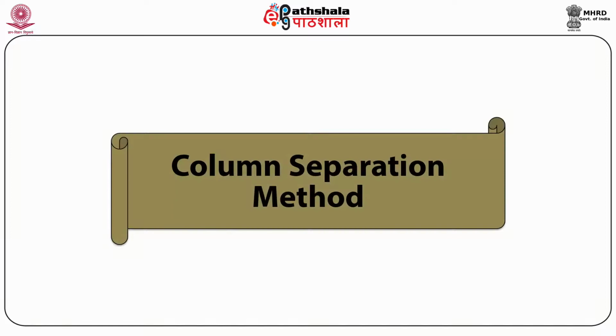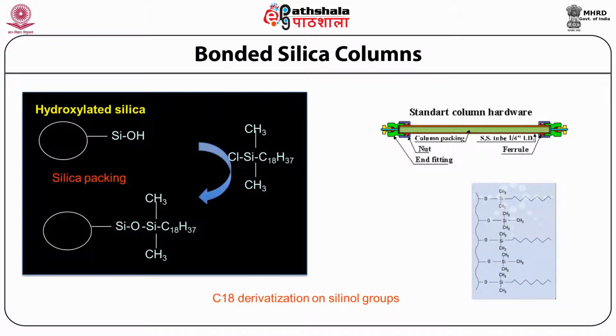Let me explain the column separation methods, by getting inside a column. In a bonded silica column, what you see here is the stationary phase. A column is usually made of stainless steel to withstand very high pressure.